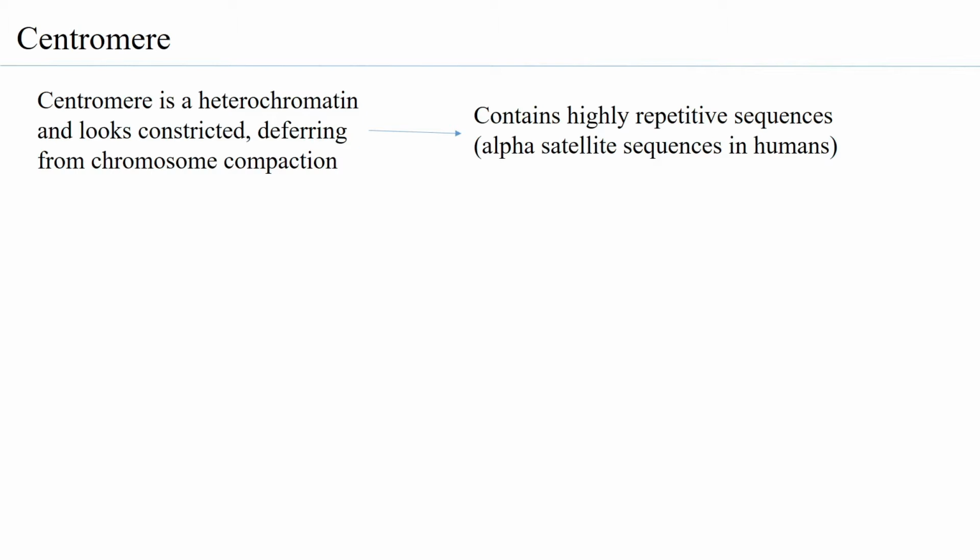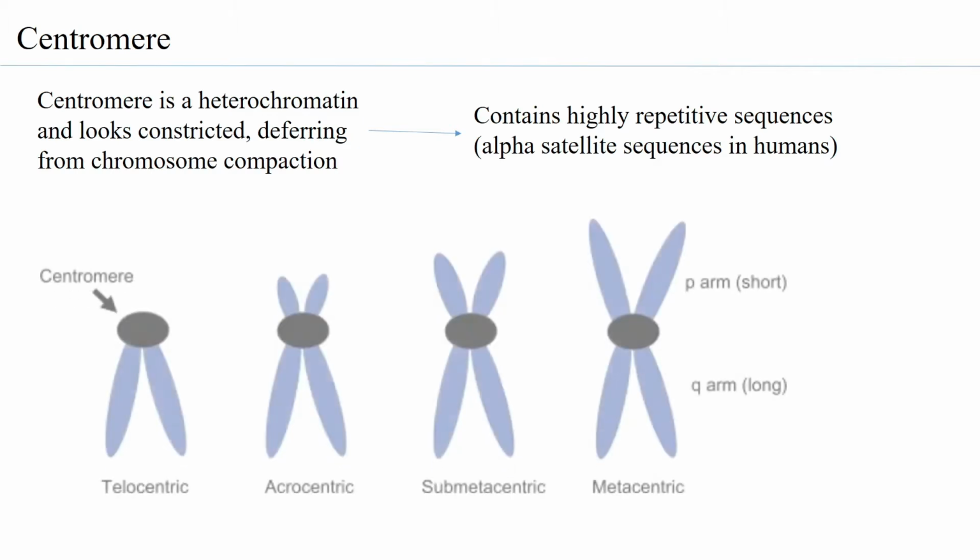What does one mean by repetitive sequences? A sequence can be found one after the other without any gaps. That is what is called tandem. It can be repeated anywhere between 10 to 100 times. In humans, for example, they are called alpha satellite sequences.